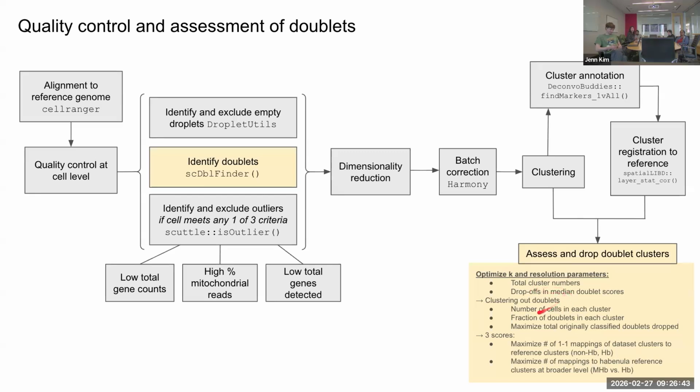And here we can look at the number of cells that you have in each of the doublet clusters, the fraction of original doublets, while trying to maximize the total originally classified doublets that you drop with this approach. And then you can assess the 3 scores that I talked about to see how well across your candidate combination of parameters the clusters in your data map to a reference data set.